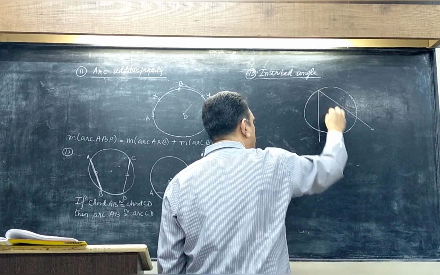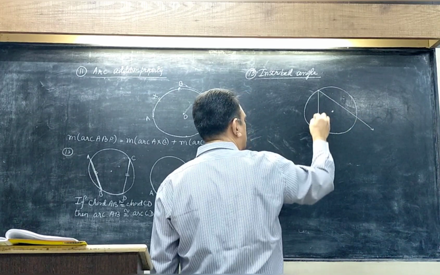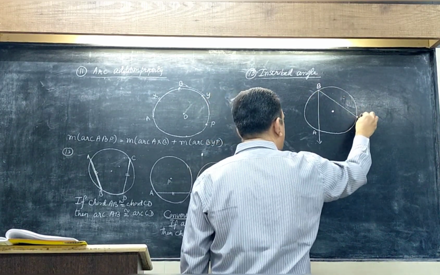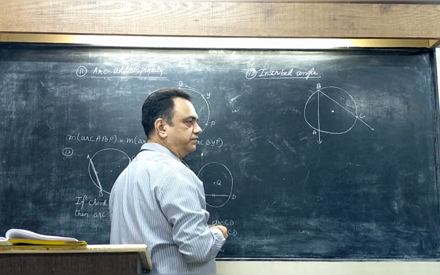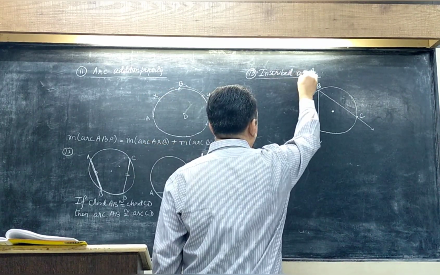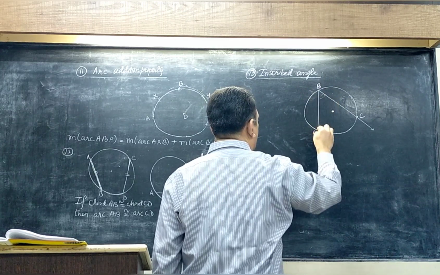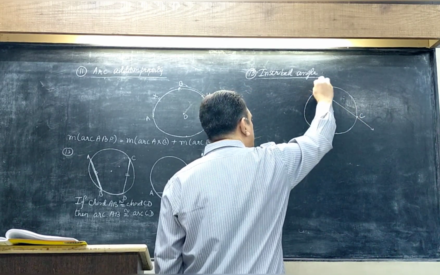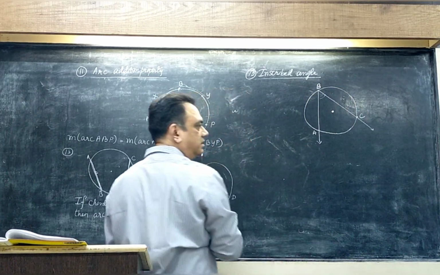The angle can be here also. Anywhere you can draw the angle. Center is here. This is angle ABC. I am talking about the inscribed angle. Angle ABC is inscribed in arc ABC.